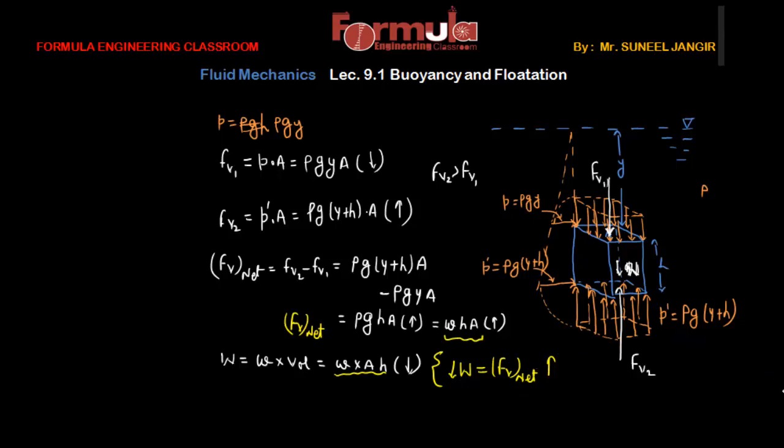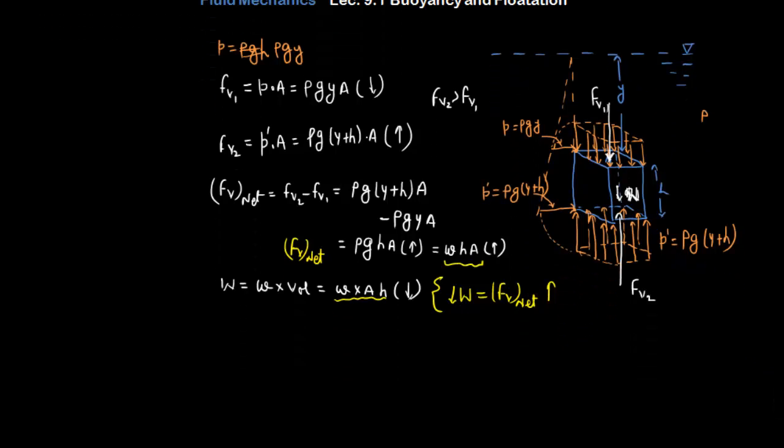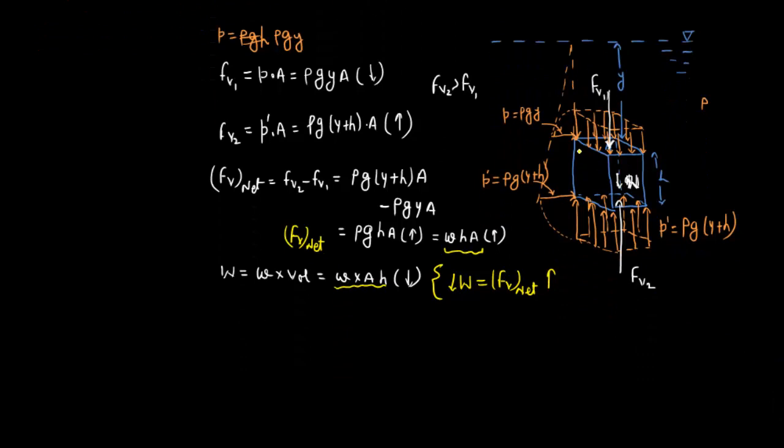Now let's suppose we are removing this element from here, and this volume A into h is empty space. There is nothing here. As this is a void, or free space, the weight in this case will be 0.